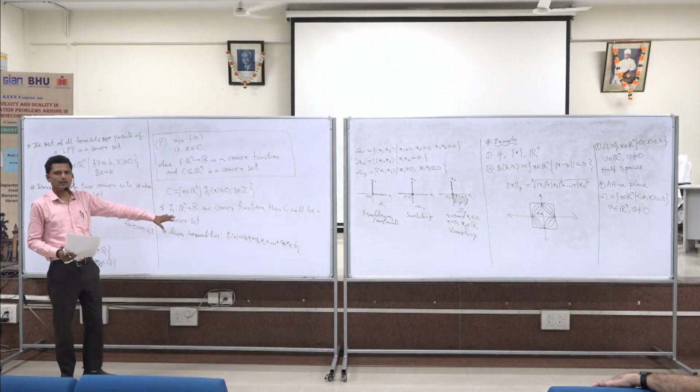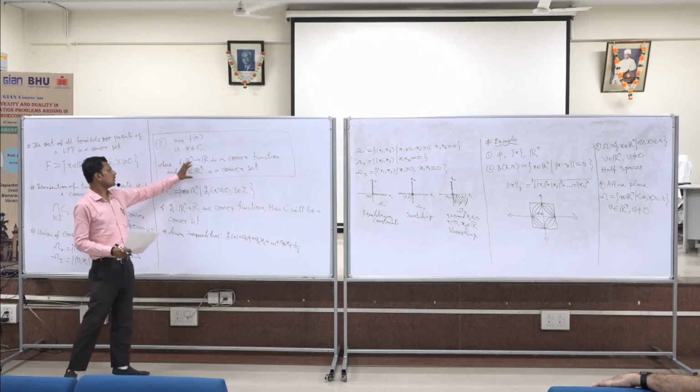So this is one structure of this gi. If these functions are linear, then it will also be a convex set.